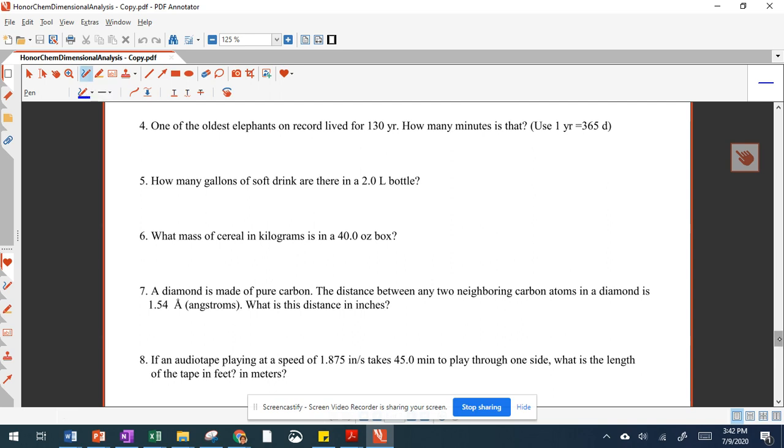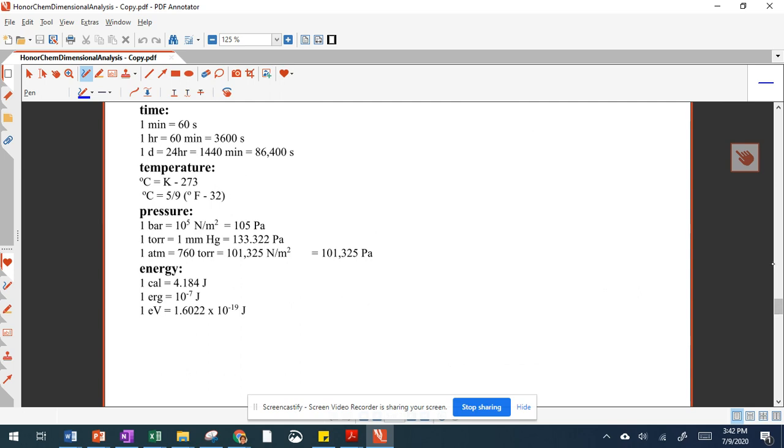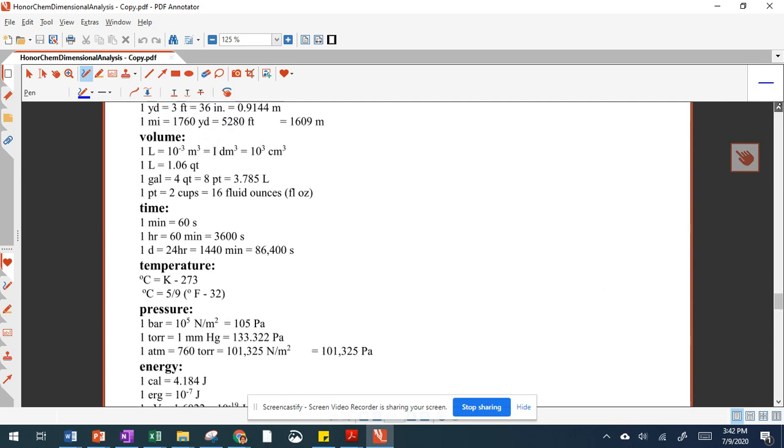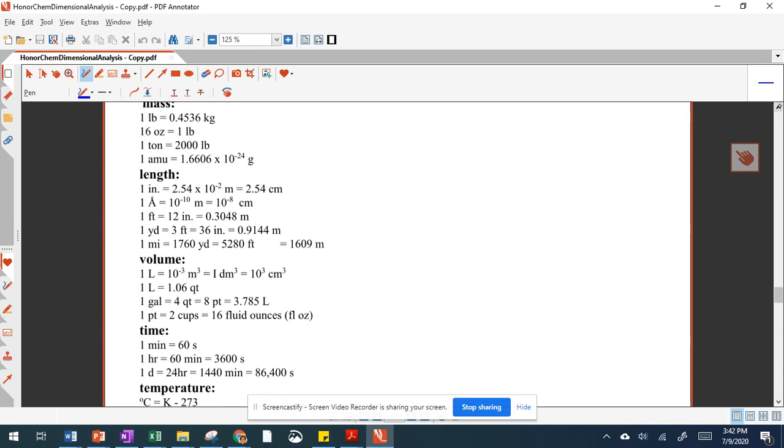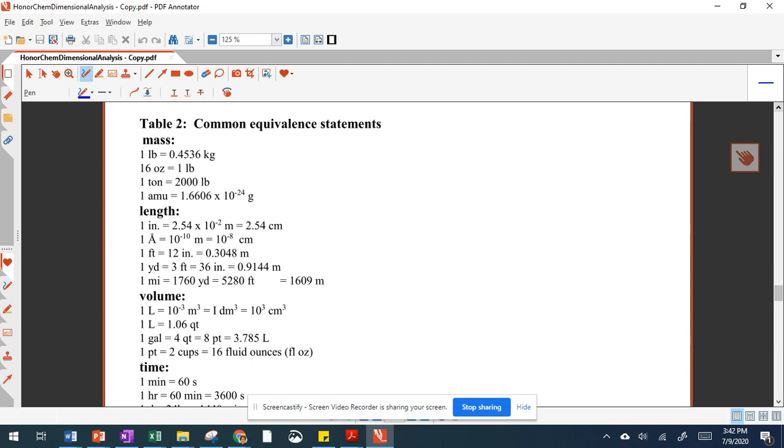Okay, so let's just go up to the previous page, and you can see that it's divided into different units. So here we have mass, and that's the part that we want to be using. So we have ounces and we have kilograms. So if we look at it, we have 16 ounces in 1 pound, but that doesn't get us all the way to kilograms.